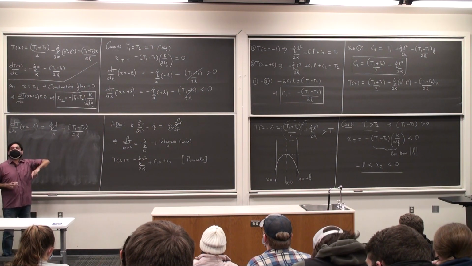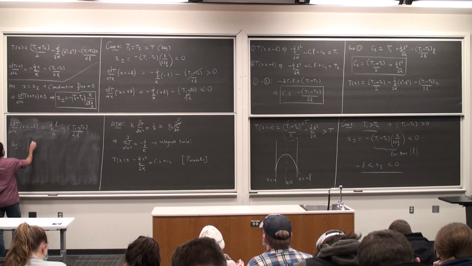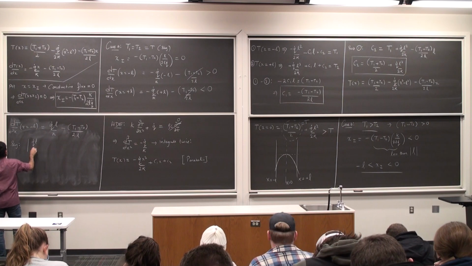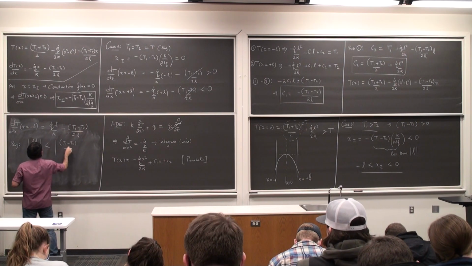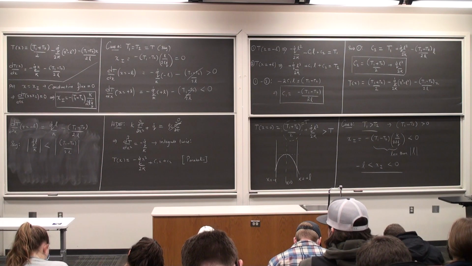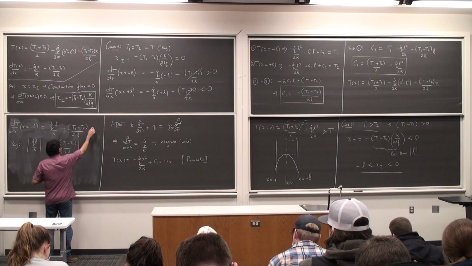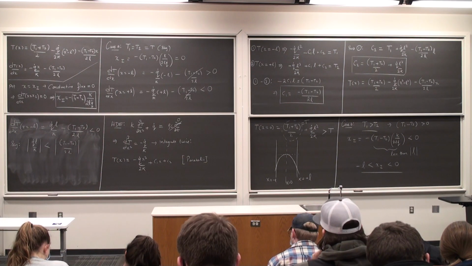So let's say, just for kicks, q dot L by k is less than the magnitude of this, which tells me that this slope is negative. Okay, if this is the situation that I have assumed.